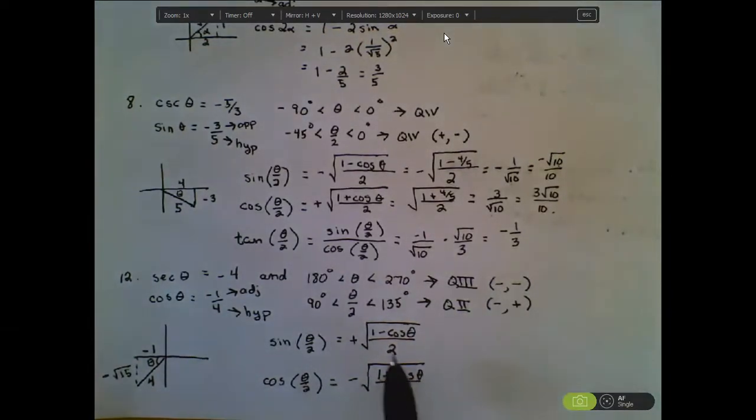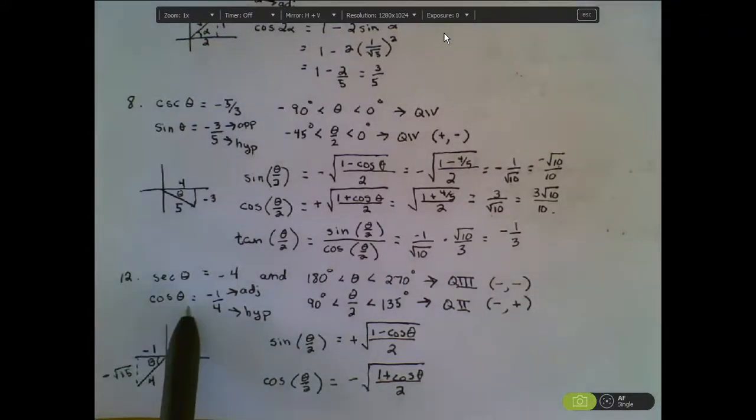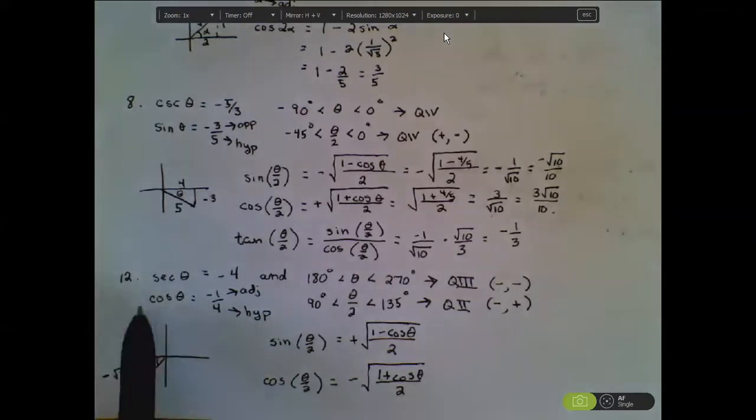I just realized that we didn't even really have to draw a picture on this one, because both of these formulas only use cosine, and we knew what cosine of theta is. We were given cosine of theta as -1/4.